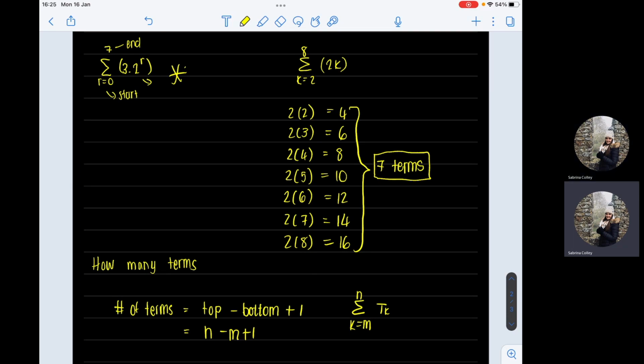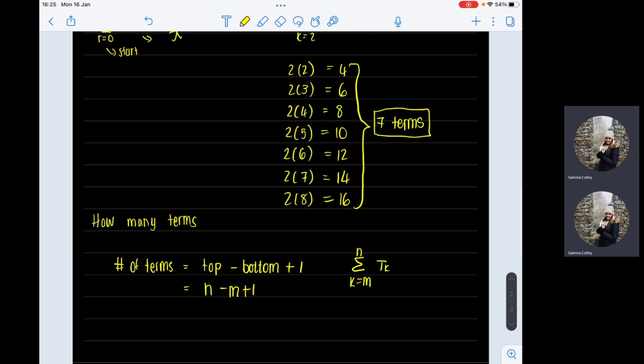Okay, so let's do an example of writing a series in sigma notation.